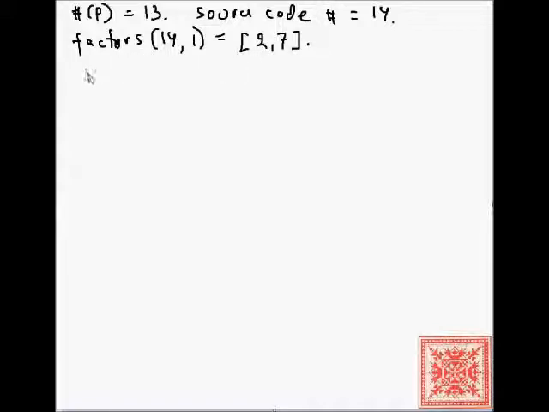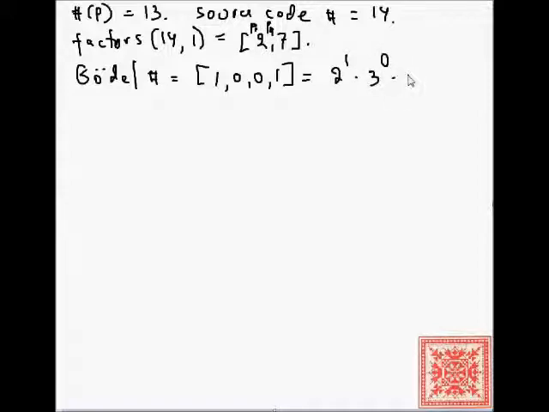This is not a Gödel number, this is just prime factors. But the Gödel number corresponding to the prime factorization is actually 1001. This 1 is the power of the first prime, and 7 is prime number 4. So 0 is for prime number 3, and 2 and 3 are used 0 times.